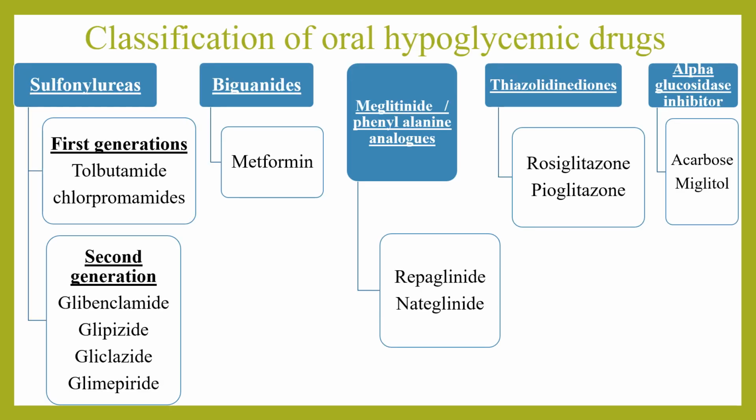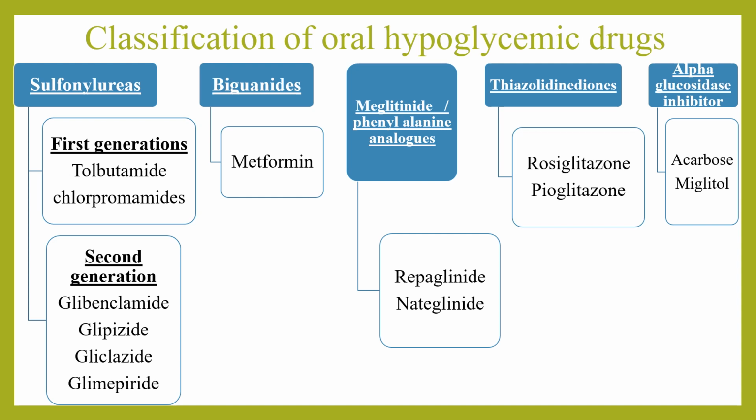These are the classifications of oral hypoglycemic drugs. Sulfonylureas have two types, first generation drugs and second generation drugs. First generation drugs include tolbutamide and chlorpropamide. Second generation drugs are glibenclamide, glipizide, gliclazide, and glimepiride. Biguanide, example metformin.